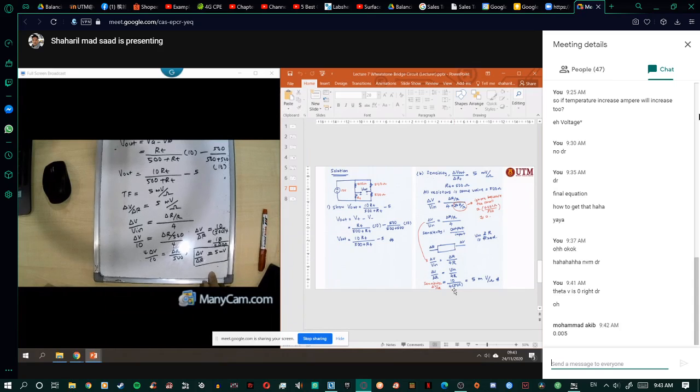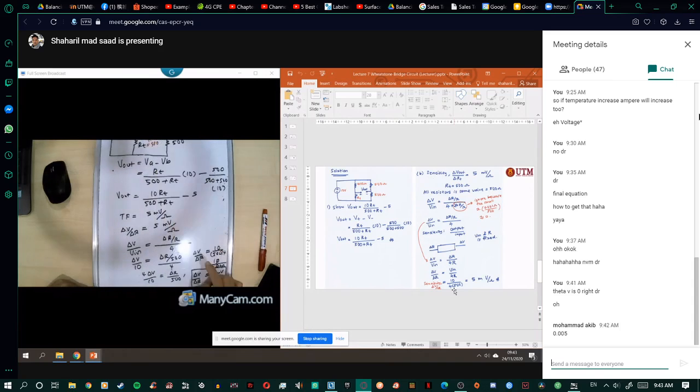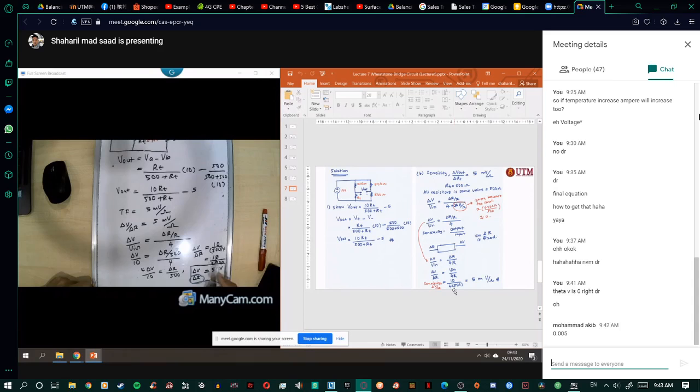Okay. So for the V out here, equal to 0, right? V out is like the delta V equal to 0. That means if delta R is equal to 0, there is no change on delta R. Okay. So right now we want to look at the sensitivity of your Wheatstone bridge.